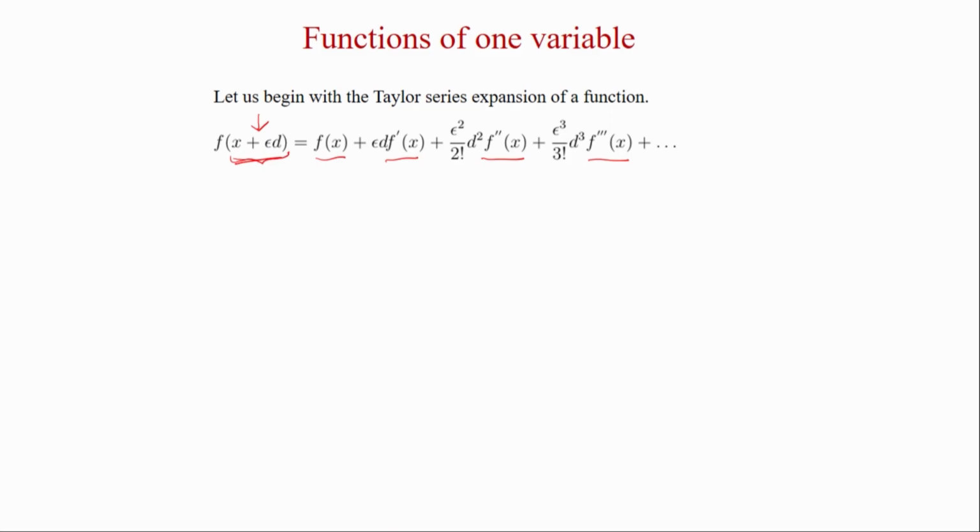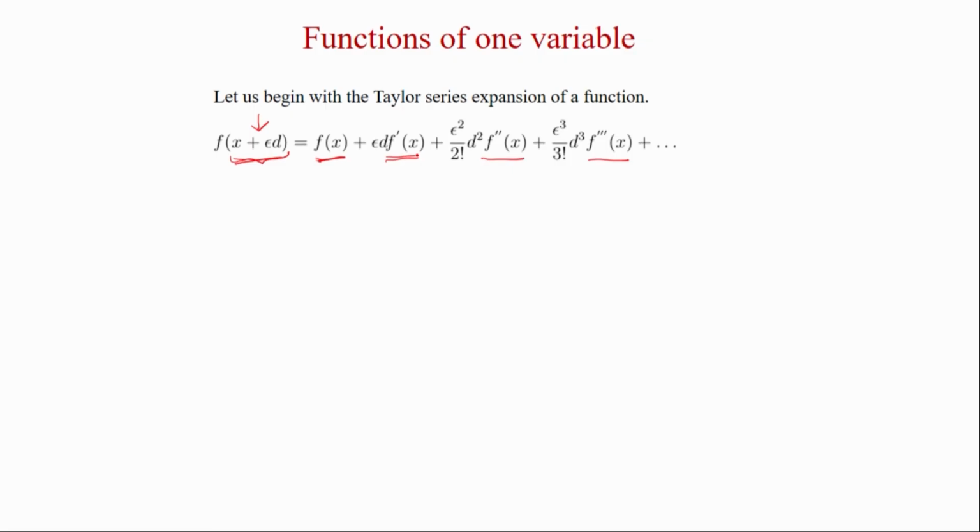But if I give you all the information about f at x, meaning f of x, f prime of x, f double prime of x, and so on, that is good enough to understand everything about the function at any different point, right? So you can evaluate it at any point if you have all the derivatives of f at x, which is interesting, because the whole information about the function is captured in the value at that particular point and the derivatives at that point, which is interesting.